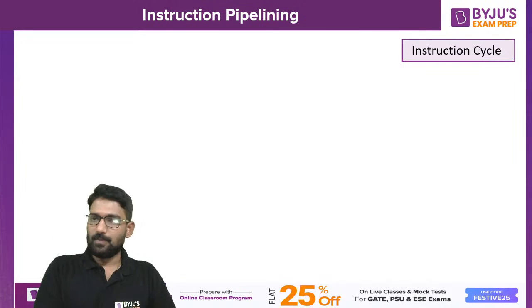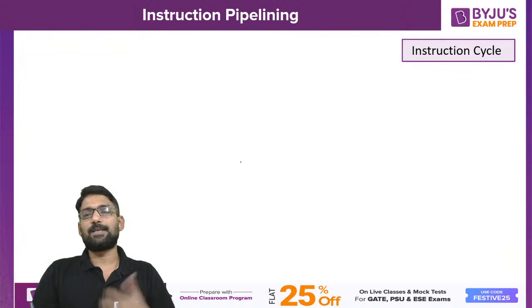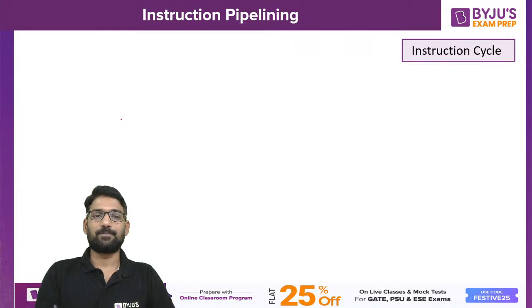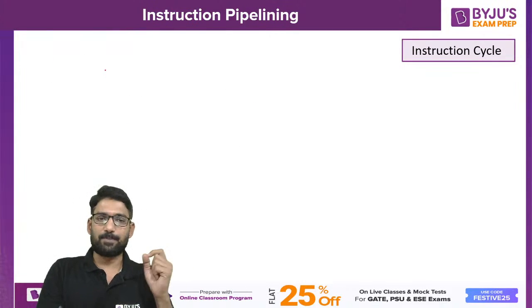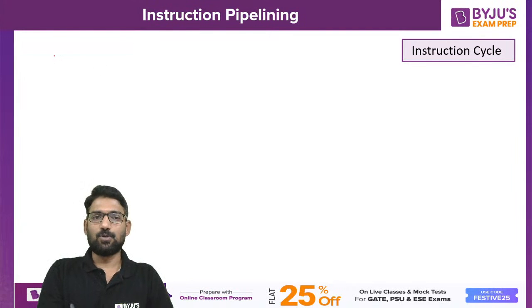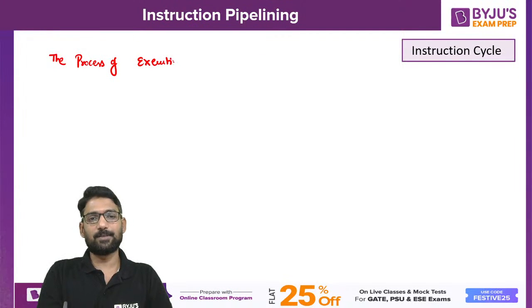Okay, so guys, what is this instruction cycle? Any instruction cannot be done in one step, right? So it is the process of executing an instruction completely. Completely means what?